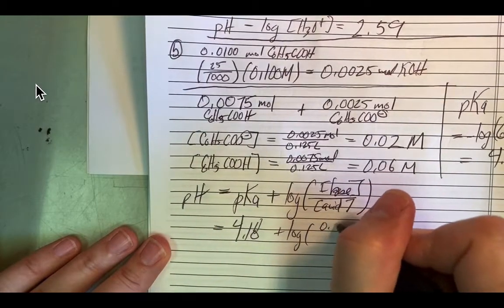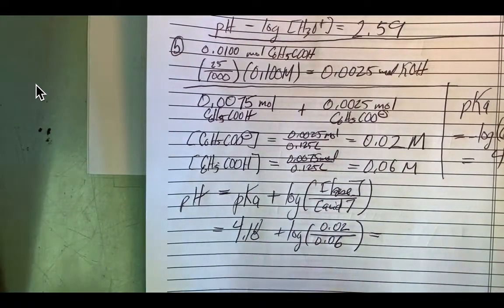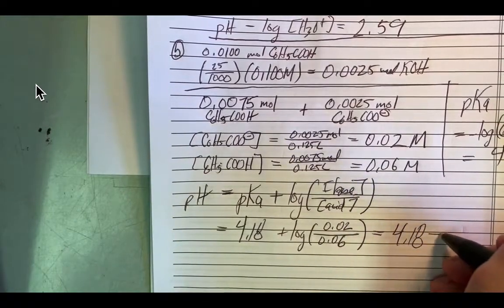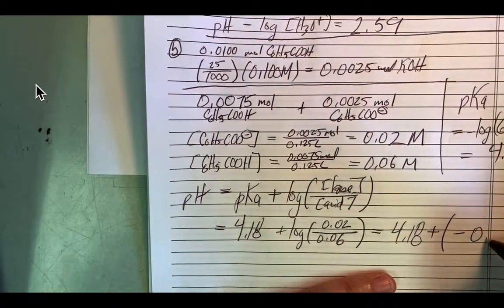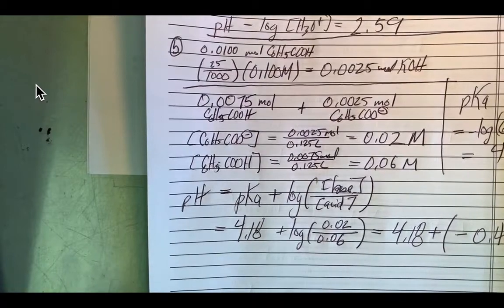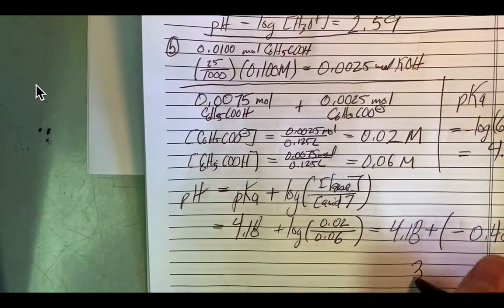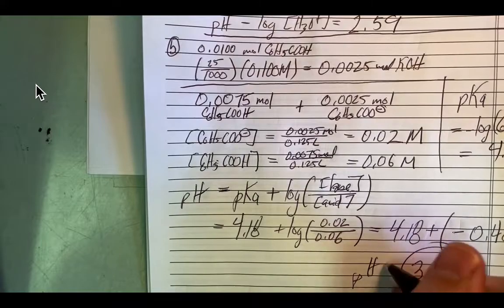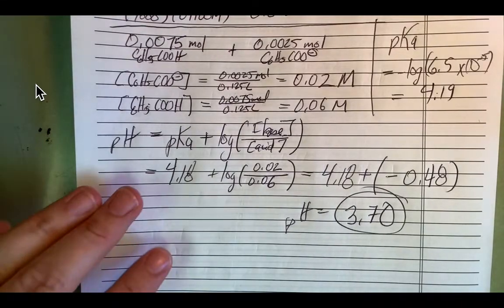So base on top, 0.02 over 0.06. Minus 0.48. 3.70 for our pH at that point. All right, we'll continue on to C.